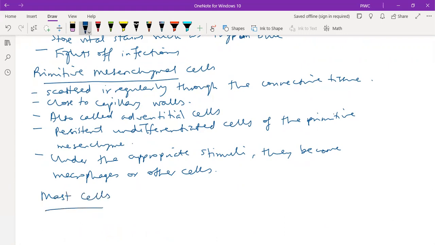The mast cells are filled with large granules, which stain metachromatically. That means purple with toluidine blue.